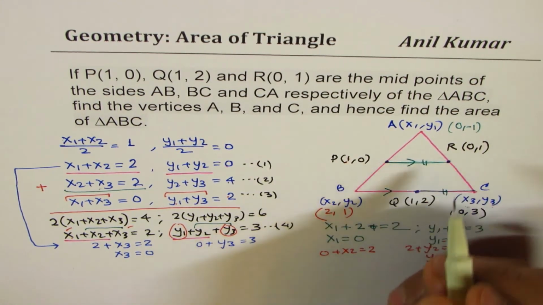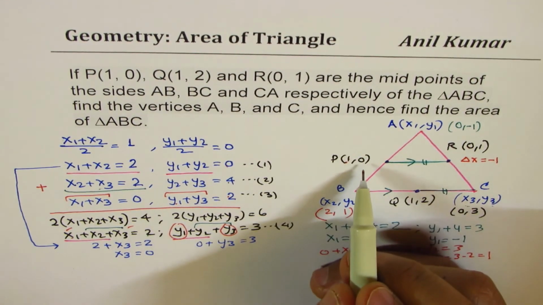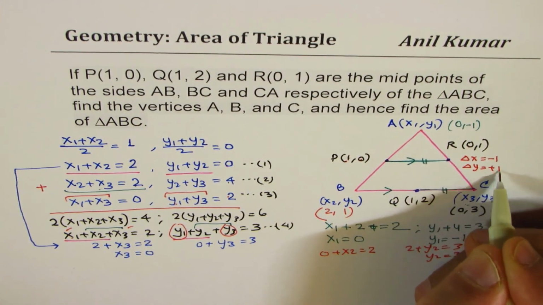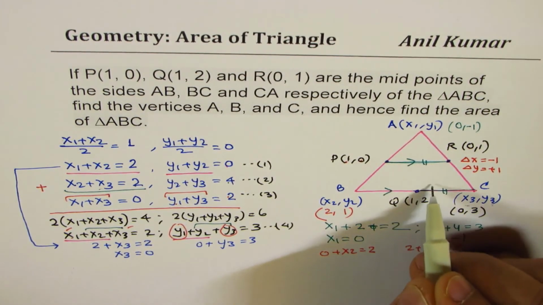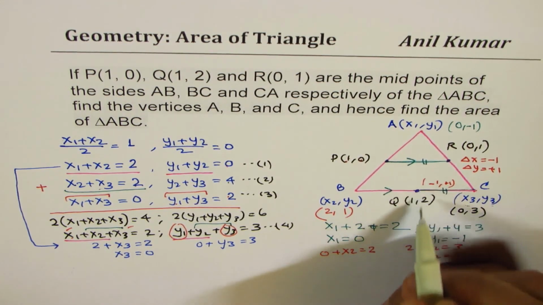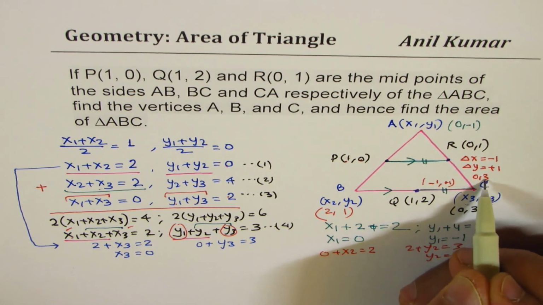So the change in x is minus 1. If I go from 0 to 1, the change in y is plus 1. So if I do minus 1 for x, and add 1 for y, I get 0 and 3. Do you see? I get 0 and 3.